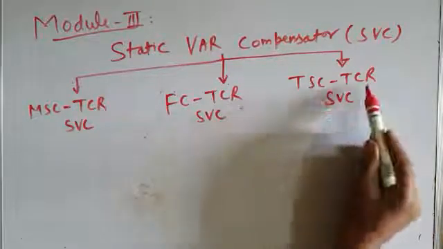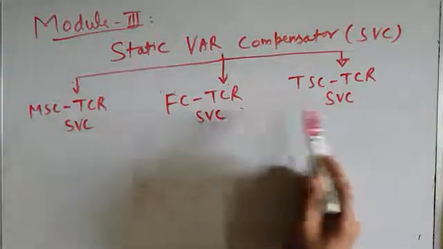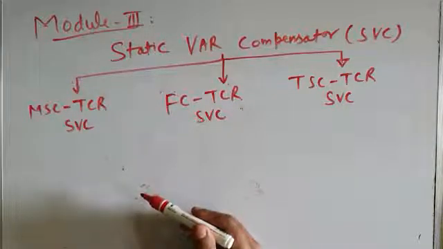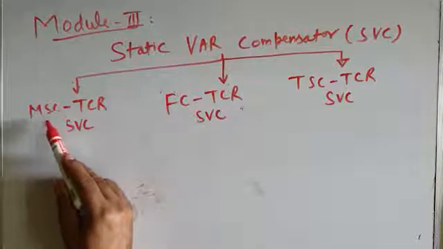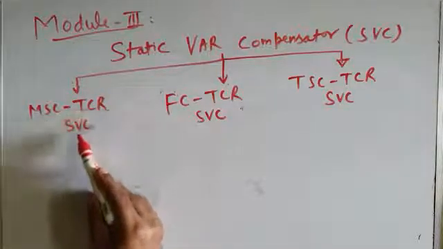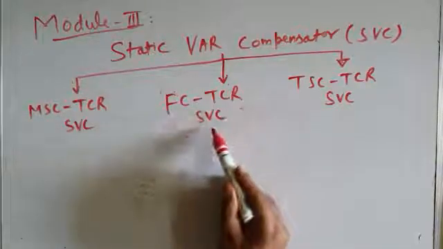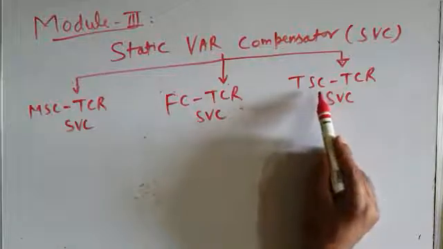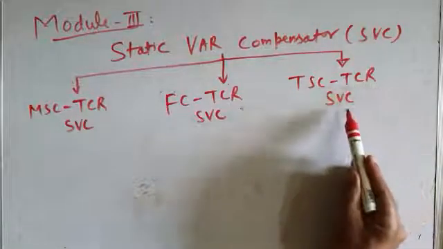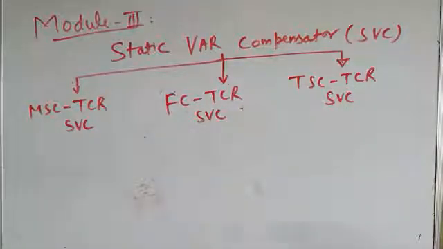So these are three main types of static VAR compensator, SVC. MSC, TCR, SVC, that means mechanically switched capacitor, thyristor controlled reactor type SVC. Then fixed capacitor, thyristor controlled reactor type SVC, that's FC, TCR, SVC. And finally, thyristor switched capacitor, thyristor controlled reactor type SVC, that is TSC, TCR, SVC. We will discuss them one by one.